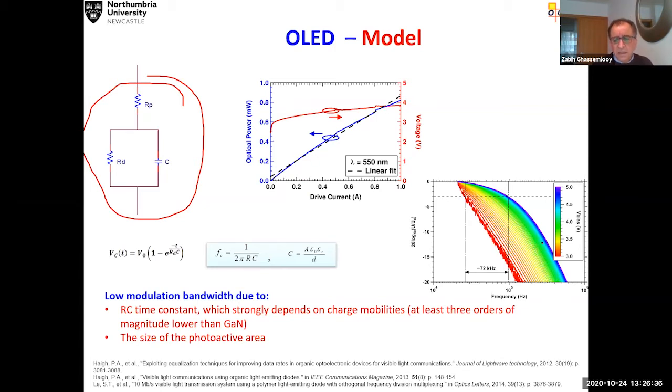We also look at bandwidth against frequency, because we can measure, for example, the 3 dB bandwidth depending on what bias voltage we have. If you reduce the bias voltage, your 3 dB bandwidth will drop. So it is essential that we understand this before we do anything. The low bandwidth, as you can see from here, is mainly dominated by the RC time constant, which is this one here.